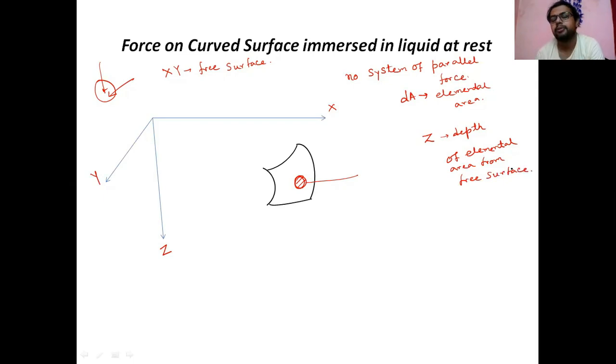This portion you have to understand properly because fluid statics is most important. The concept you have to grip first, then everything will be easy.